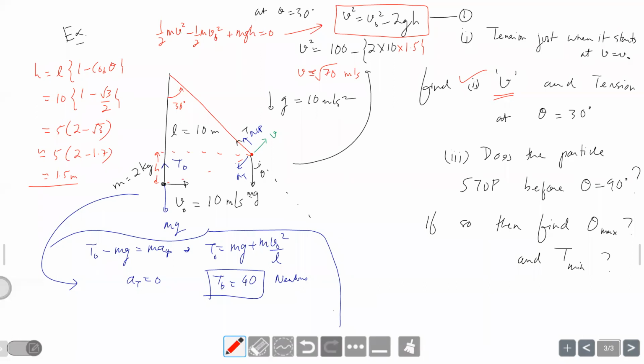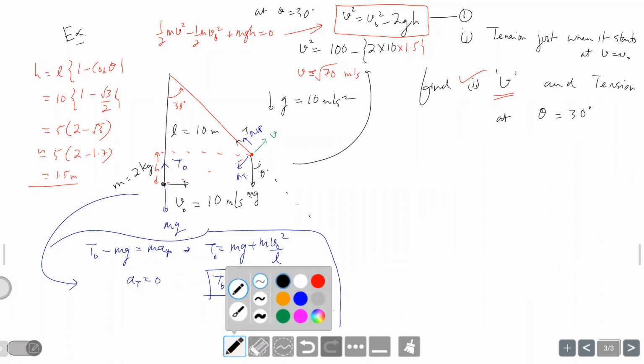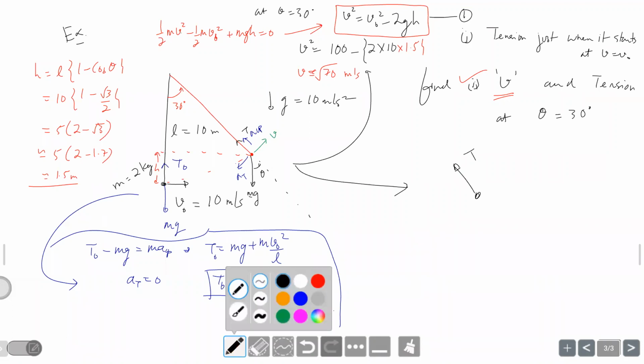Okay, now to find the tension, let's make a free body diagram at that point. It has tension and the components of weight.